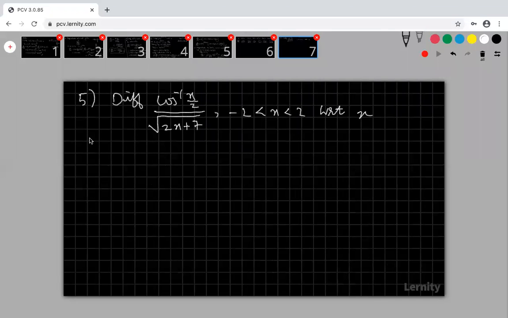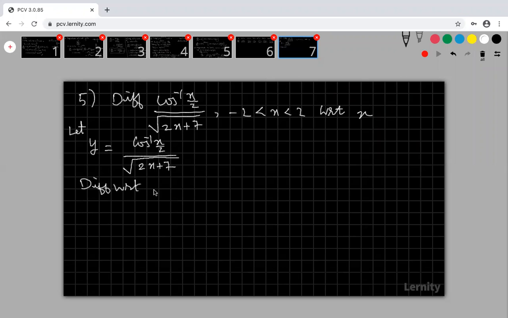How to differentiate? First of all, let y be equal to cos inverse of x by 2 divided by root over 2x plus 7. Differentiate both sides with respect to x. What is the answer? This is nothing but my dy by dx equal to, how to differentiate this?